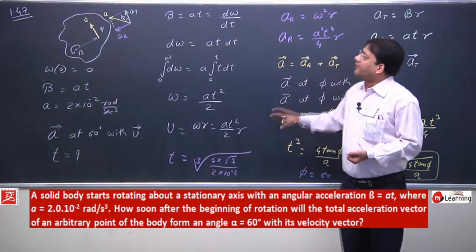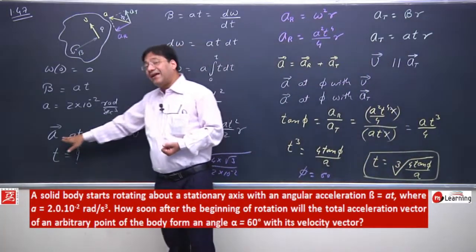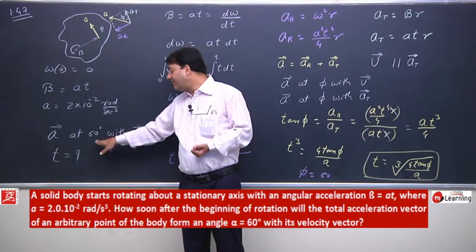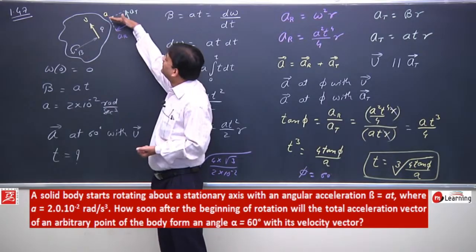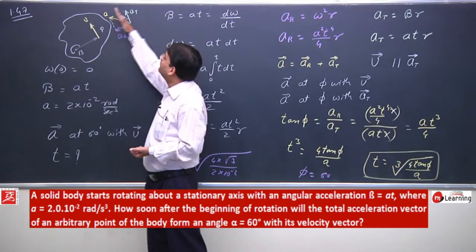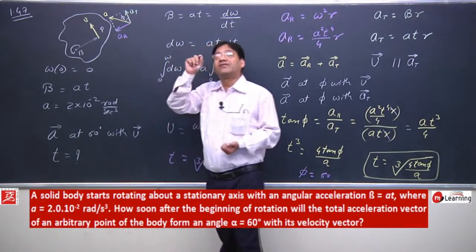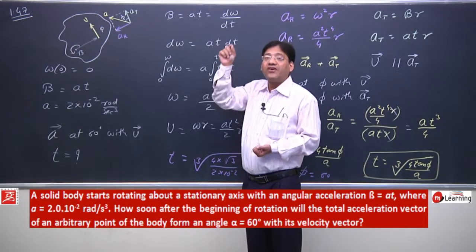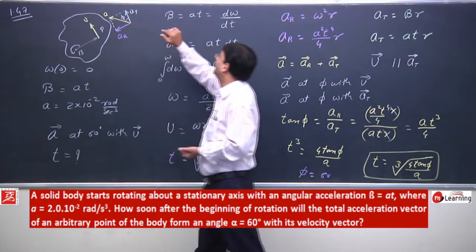And this is the solution for problem number 1.47. See this, it asks at what time the acceleration vector would be at some angle with the velocity vector. This is the net acceleration vector, and at an angle with the velocity vector means also at an angle with the tangential acceleration. The velocity of the particle is always in the tangential direction. So the direction of velocity is also the same as the direction of tangential acceleration.